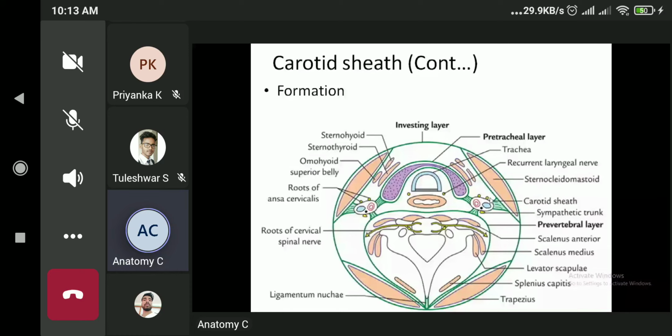Okay, so pretracheal and prevertebral fascia form the anterior and posterior layers of the carotid sheath, and it is situated just deep to the sternocleidomastoid muscle. Just deeper to the posterior part of the sternocleidomastoid muscle is the carotid sheath with its content. So when you go for the demo of the anterior and posterior triangle, you will be able to see this carotid sheath and its content.